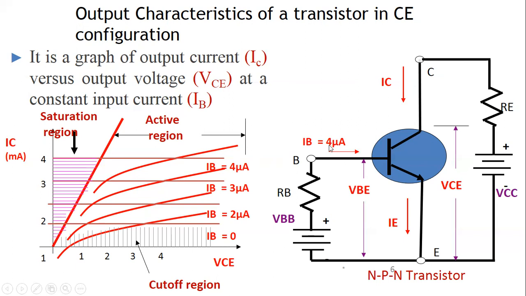So by how much has the collector current increased? Simply, we calculate output current upon input current. Output current is IC and input current is IB. So the ratio IC upon IB will give the value by which the collector current has increased as compared to IB.